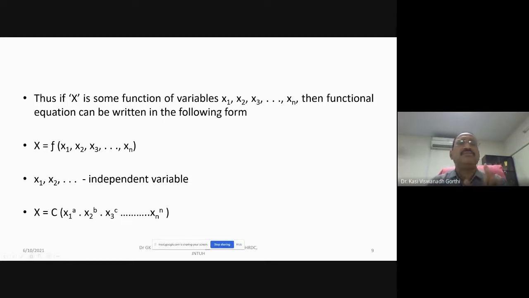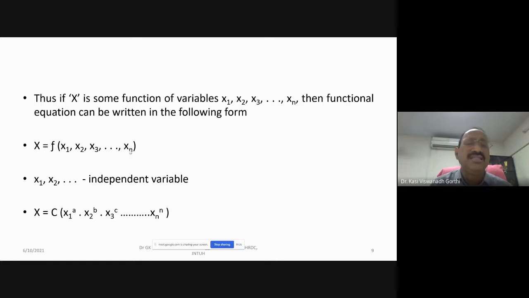The functional relation is so simple: x is equal to f of x1, comma, x2, comma, x3, and so on, xn. And this is what the functional relation is. The functional relation between the dependent and independent variables is, if x is a dependent variable, x is a function f of x1, comma, x2, comma, x3, and so on, xn.